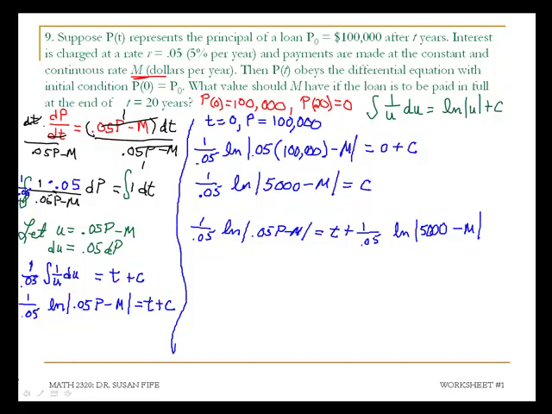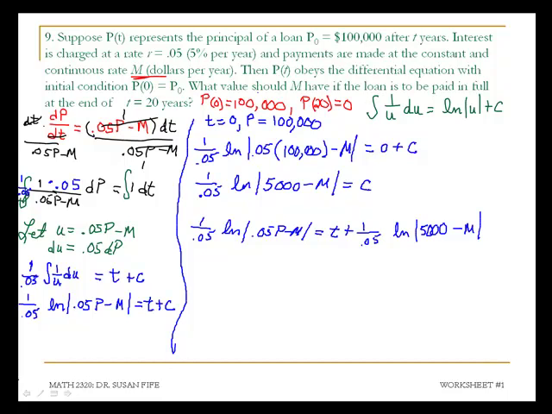Now, once you get this equation, it might be more efficient to get these natural logs together to make the work just a little bit easier. We actually don't have to solve for P to find the equation because it's not asking us to.